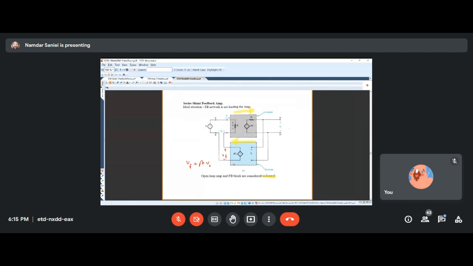And the feedback network reads the output voltage, so it must be like a voltmeter with infinite input resistance, but also it produces a sample of that voltage using this dependent voltage source. And there is nothing else, no RS, no RL, nothing else.